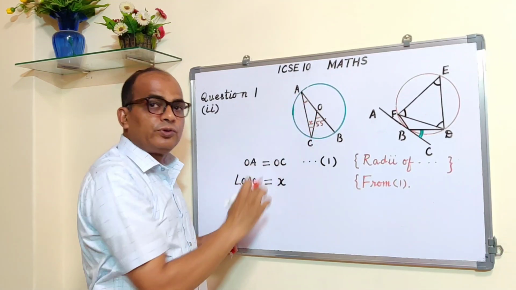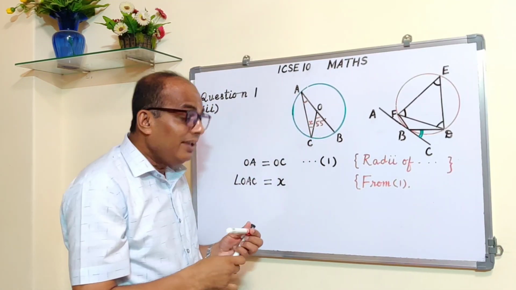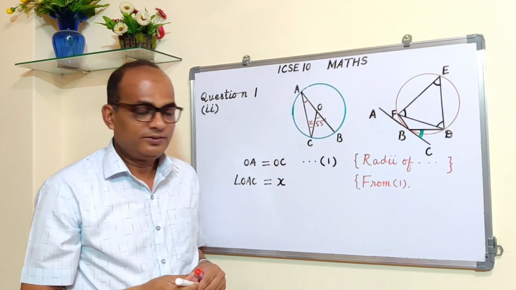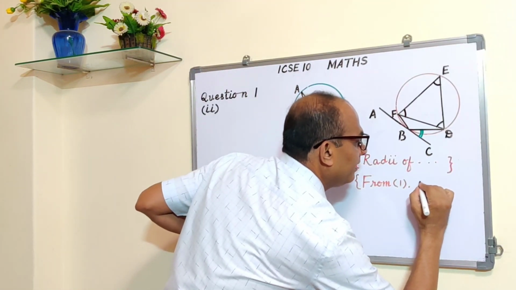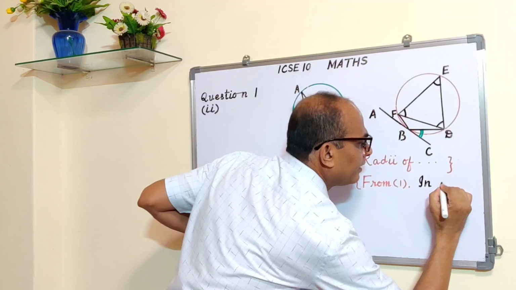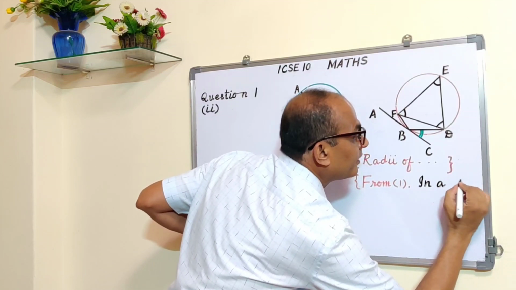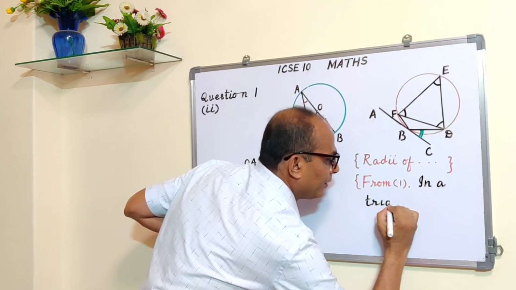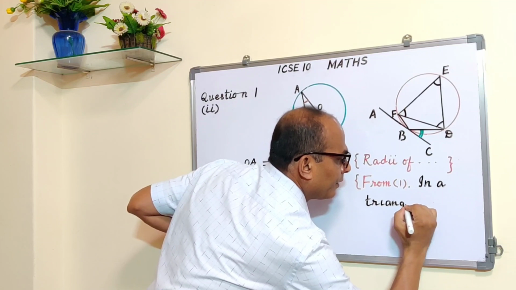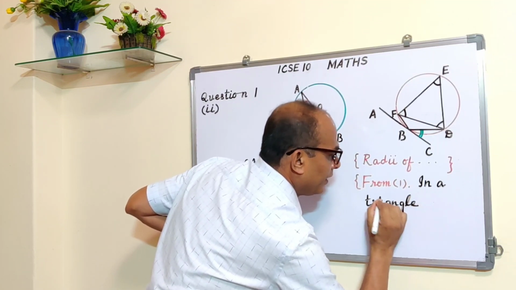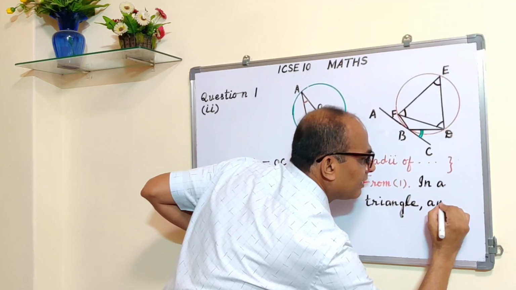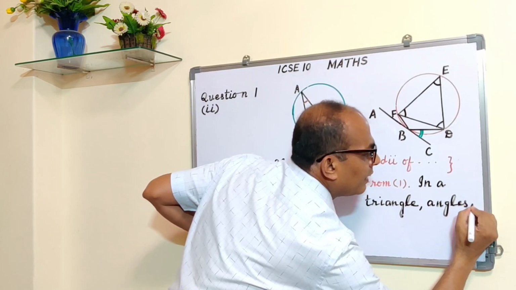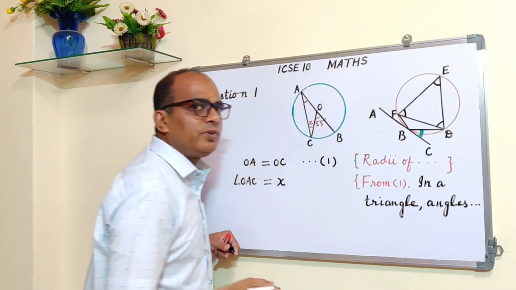The two sides OA and OC are equal, and in a triangle angles opposite to equal sides are equal. That also we'll write down. Alright, so in a triangle, angles opposite to equal sides are equal.